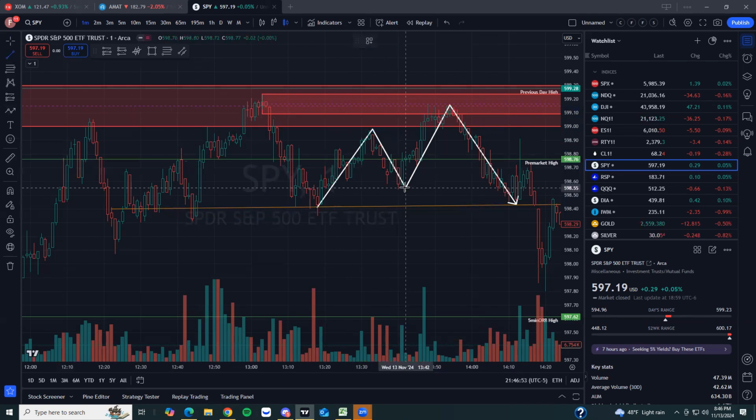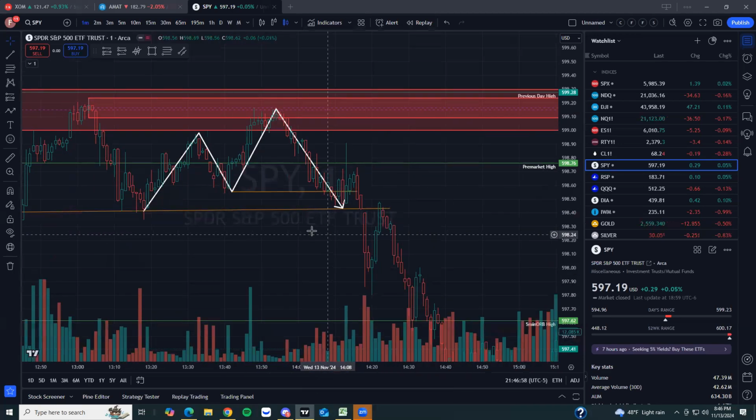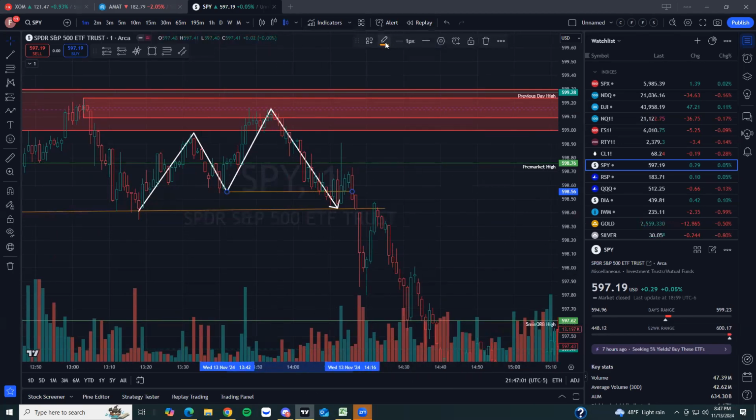It rejected, but more importantly, it broke the low. It broke my previous low, which in your fancy smart money concept terms is called what? Break of structure. No, this is a change of character. This is a break of structure right there, and it broke the last high. This right here is a break of structure. This is a change of character. Okay?